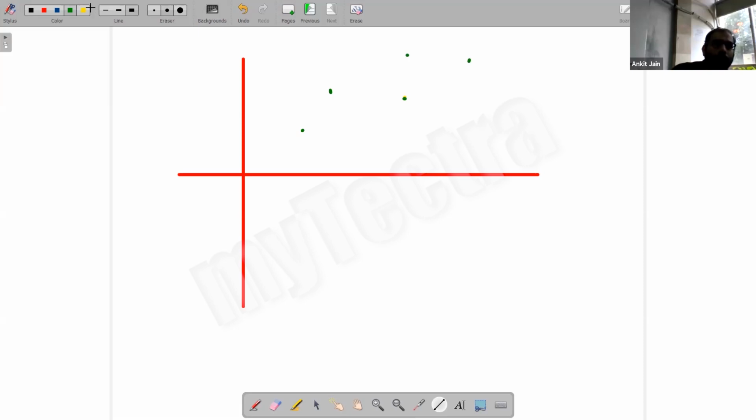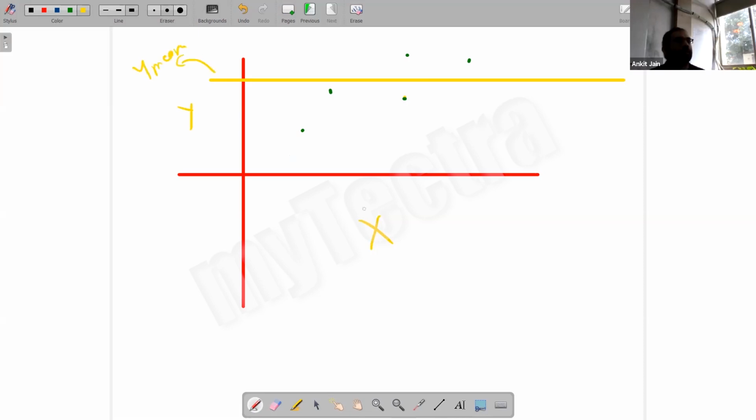Suppose something like this, right? And now your mean will be somewhere. What is this? Your x. What is this? Your y. This is your y mean line or your y mean model. It doesn't change with x. Whatever time I am coming to the class, you will say average is 8.5 plus minus 2 minutes, something like that, standard deviation, right? So this is your y mean.